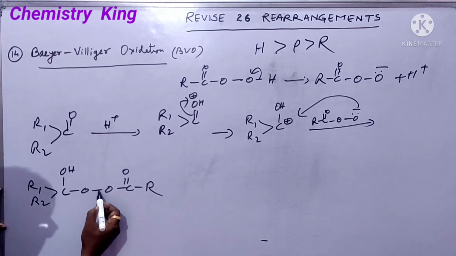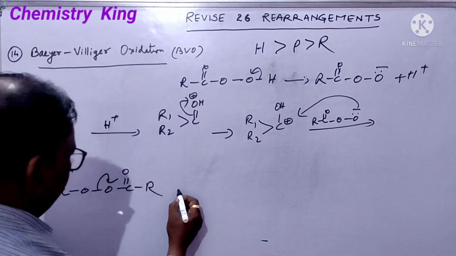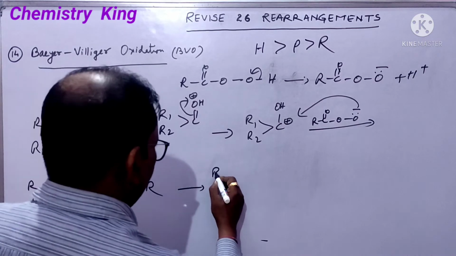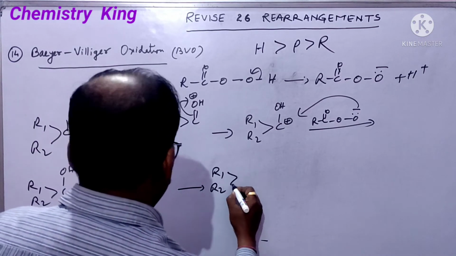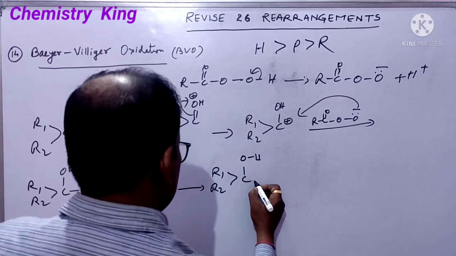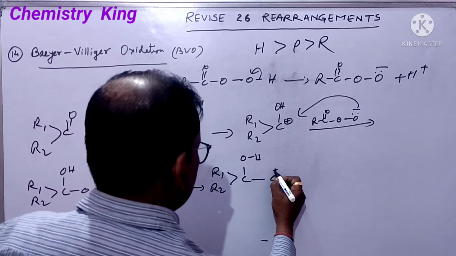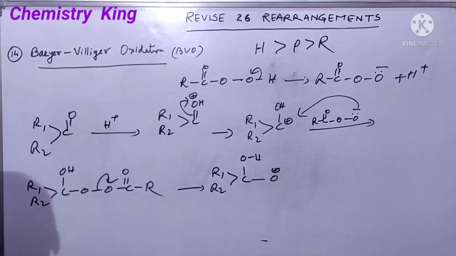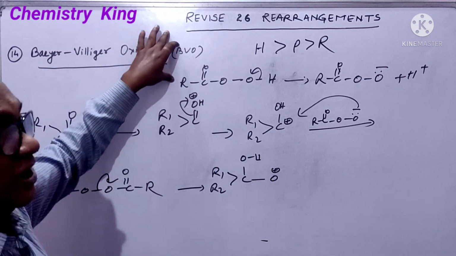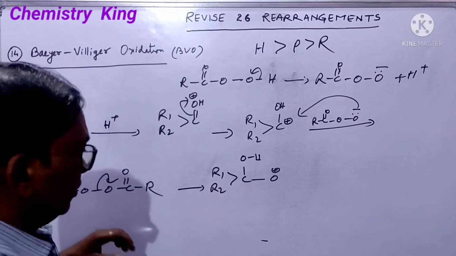So it will break in this fashion, and RCOO minus will be released, and you will get R1, R2, COH, and here it is O positive charge. Okay, it is electron deficient oxygen. It is the only rearrangement which involves electron deficient oxygen.